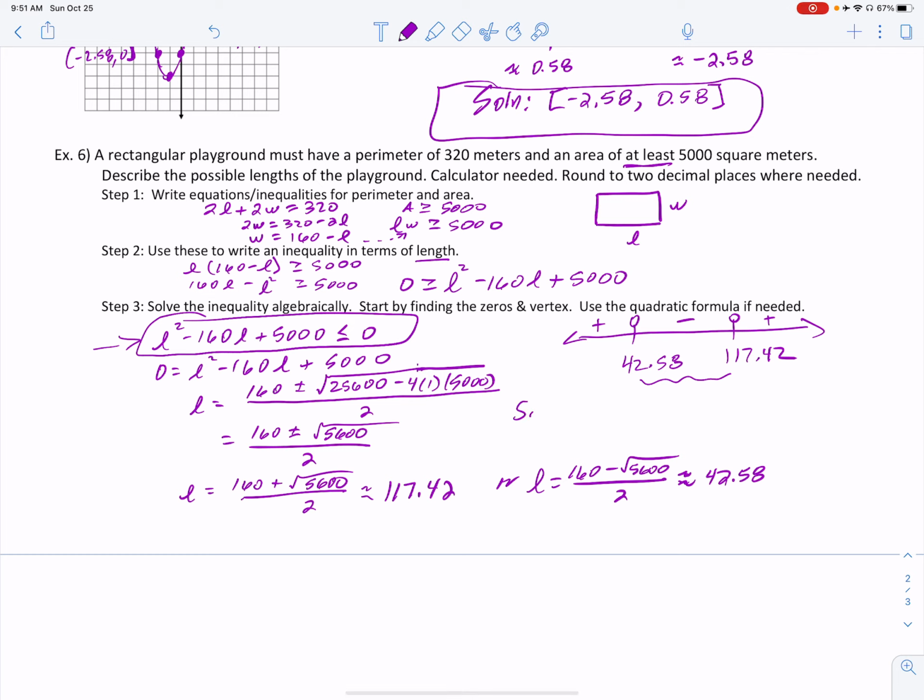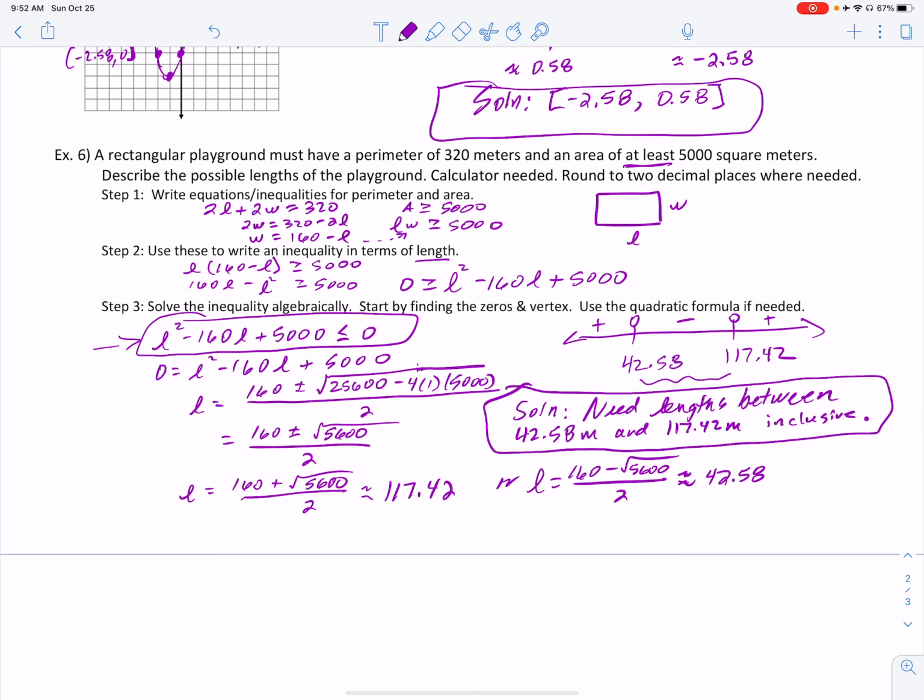So my solution says the solution is that you need lengths between 42.58 meters and 117.42 meters inclusive. And the inclusive means that we're going to include 42.58 and 117.42. There you have it.